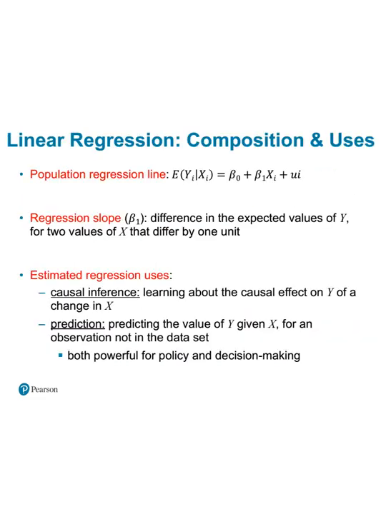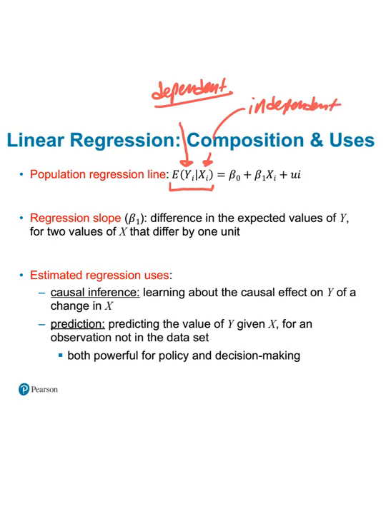So starting off, let's talk about the population regression line and identify what we're trying to achieve with this type of analysis. All right, so right here, what we have is an expectation. Expected value of y given x_i. We're trying to understand the value of y. We're trying to anticipate it given some other variables. So y is our dependent variable, and x_i we're going to identify as our independent variable, or things we're actually controlling for.